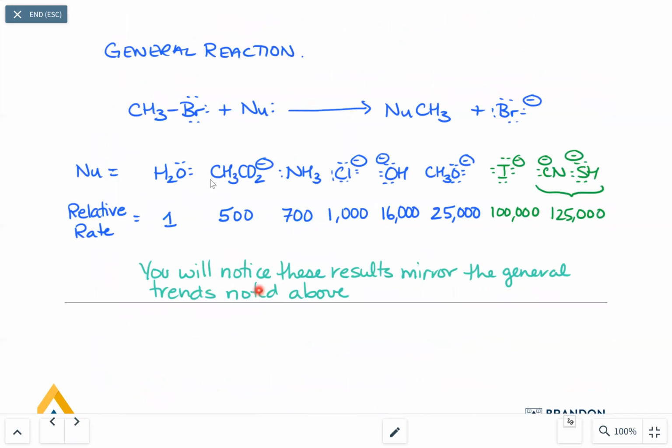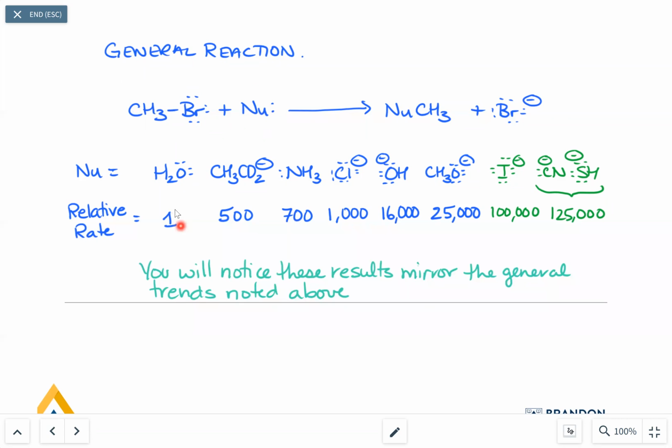And so we looked at this equation where we've got a methyl bromide and we're using different nucleophiles. When it's a methyl bromide here, it can only be an SN2 reaction. So setting up this experiment like this is a good measure to determine what makes a good nucleophile.